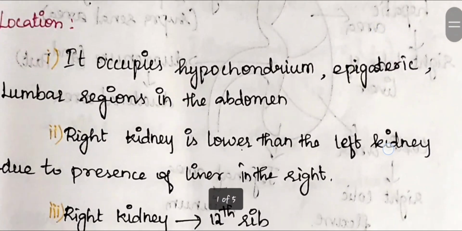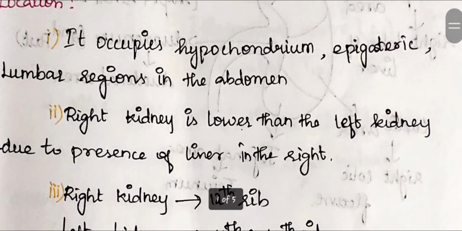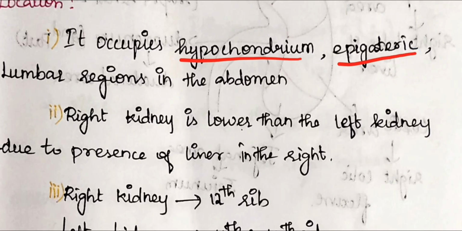And coming to the location, as we know, there is a pair of kidneys, two kidneys present in the body. They occupy the hypochondrium. The right kidney occupies the right hypochondrium, the left kidney occupies the left hypochondrium, and some part of the kidney also extends to the epigastric and lumbar regions of the abdomen.